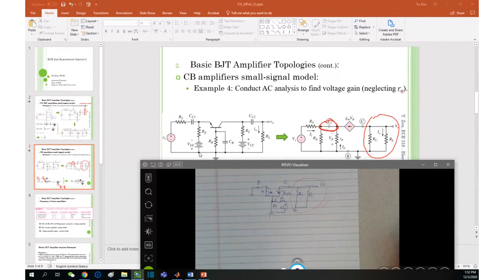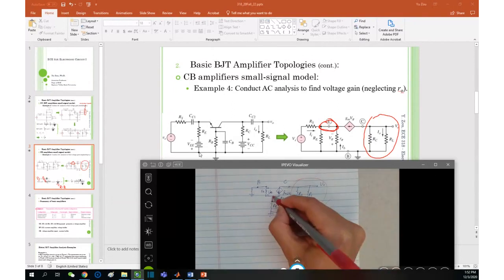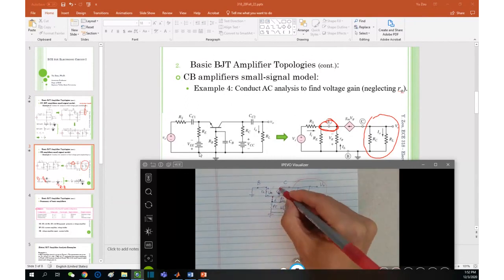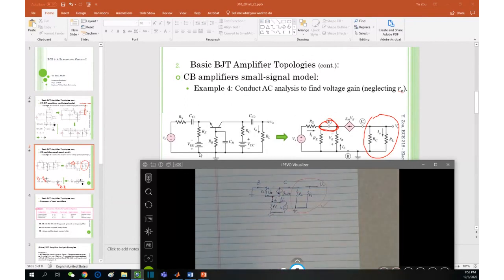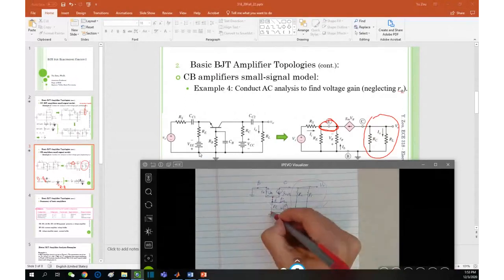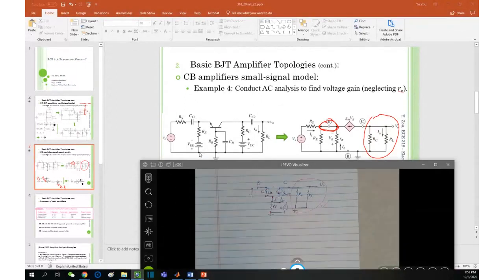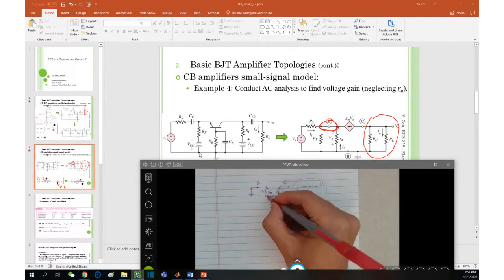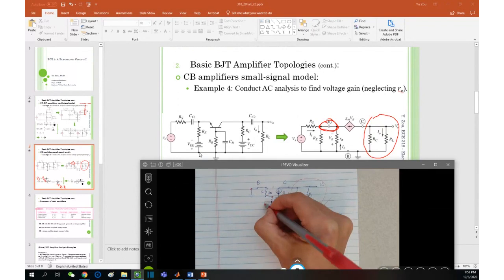So what do we do? We drag the emitter up here. If you do this, then this dependent source is going to become what? Rotated by 90 degrees, isn't it? And also short this ground with this ground base. Therefore, R pi eventually becomes this, right? You drag the R pi down here, then short it with here.